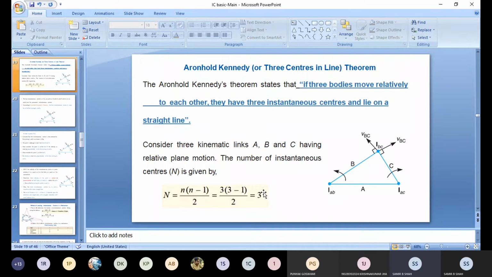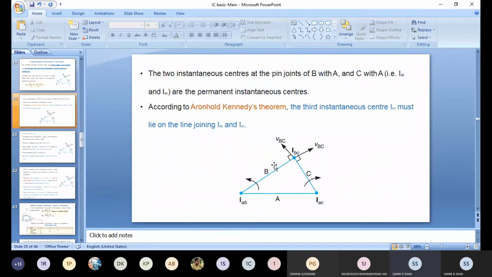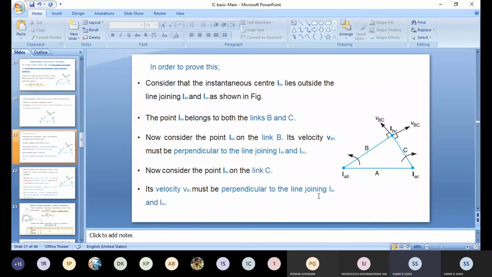So for that, IBC must be on the line through IAB and IAC. Then we consider the theorem proven. So the third IC, IBC, must lie on IAB and IAC, and for that we have to prove this point.